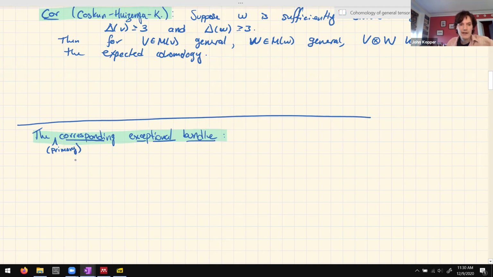So I start with my Chern character, say V. Then E plus, which is the primary corresponding exceptional bundle, is the exceptional bundle with the following property.